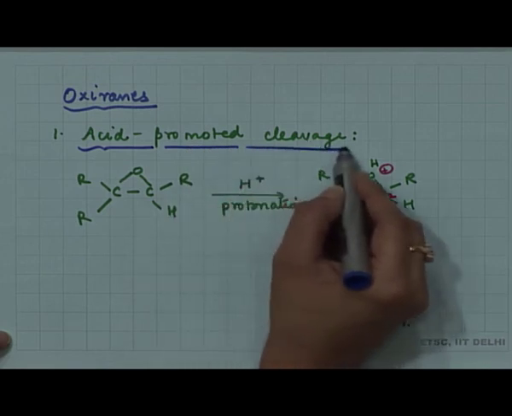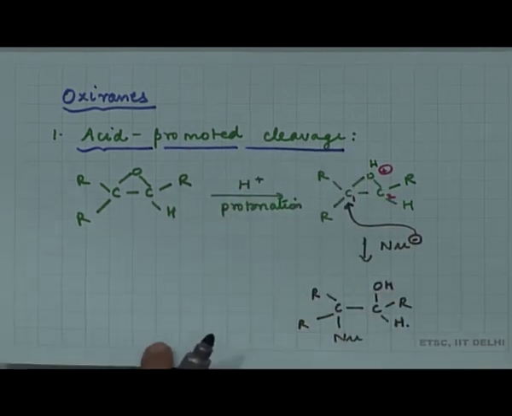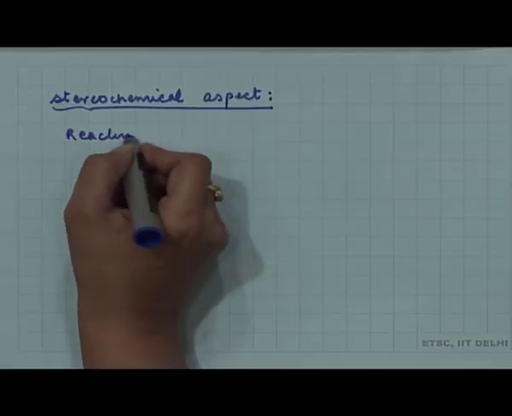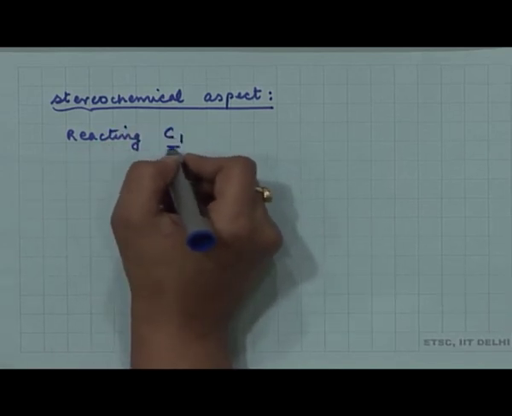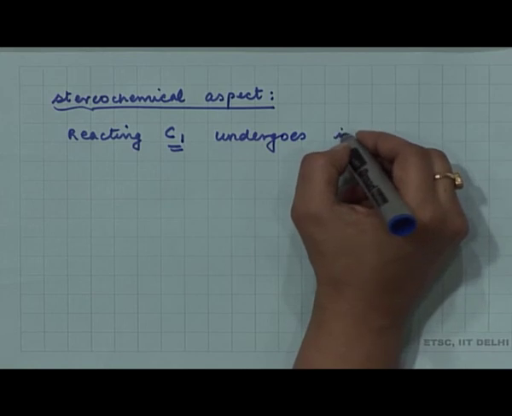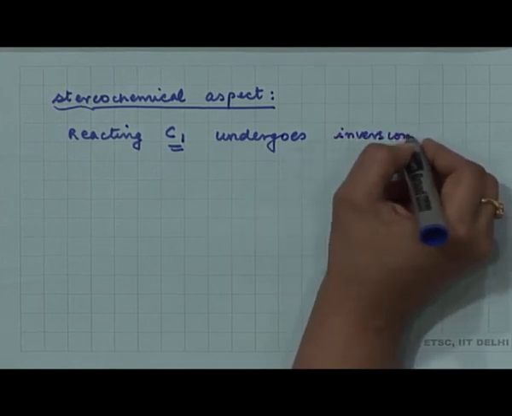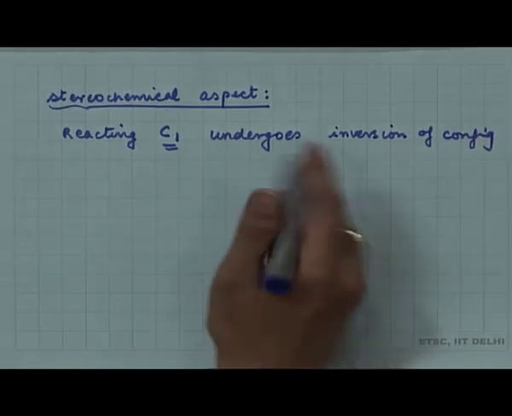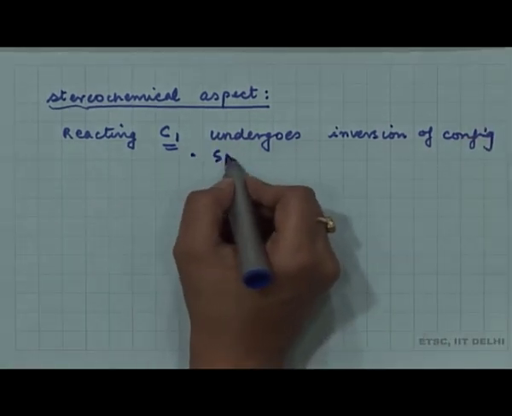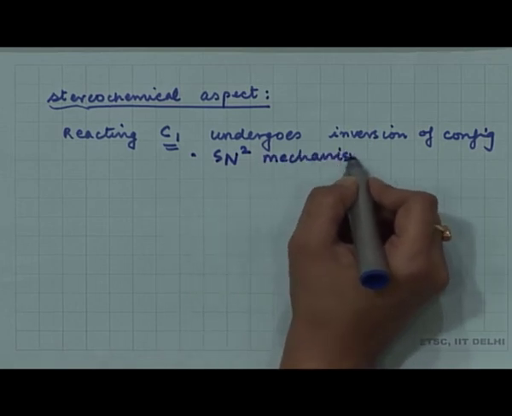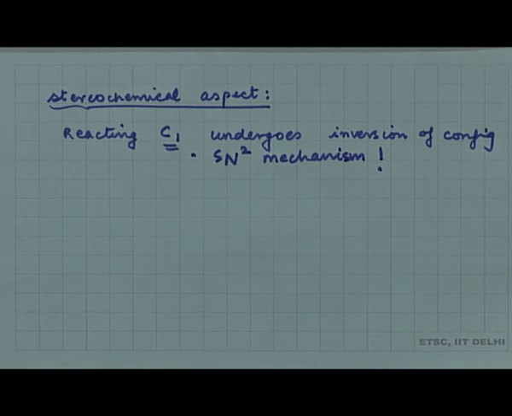So, this is one of the aspects of the acid promoted cleavage in case of oxyranes, where the nucleophile is going to open up the ring. The reacting C1 which we just saw undergoes inversion of configuration, which indicates that the reaction might be through an SN2 mechanism, that it might be going through an SN2 pathway.